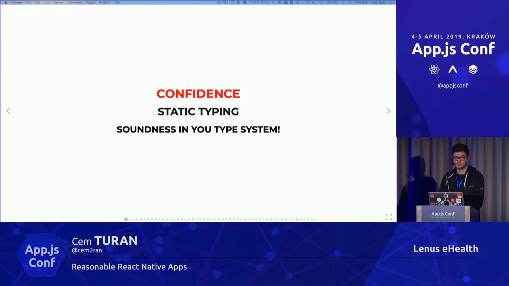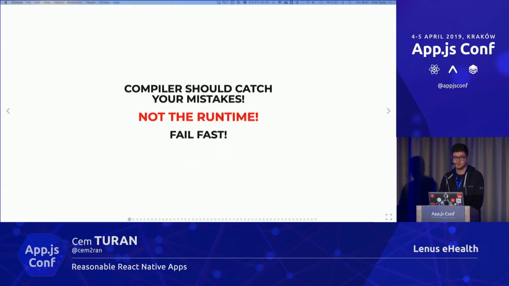You need static typing for this, and you need soundness in your type system. In other words, the compiler should catch your mistakes and not the runtime. You want it to fail fast so you can fix it and move along.